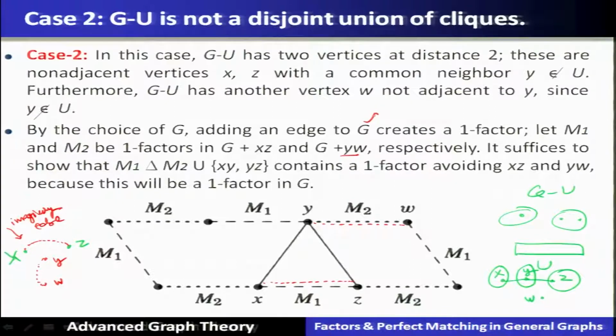So, it suffices to show that M1 is a 1 factor and M2 is a 1 factor. The union of these two will contain a 1 factor, and we can avoid xz and yw, because this will be a 1 factor in G. So, let us see, when we take the symmetric difference of two 1 factors, you know that it will become a graph with vertex degrees either 0 or 2, and 2 means it is a cycle.